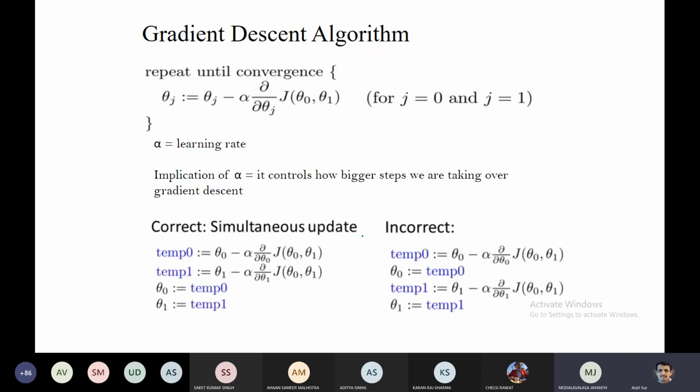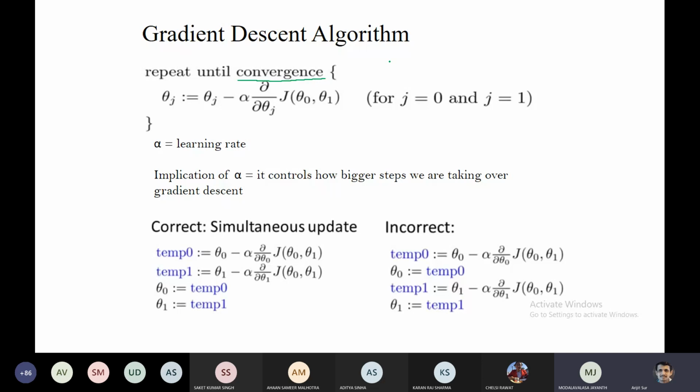So the algorithm is that we do a loop called repeat until convergence. Convergence is basically when there is a prescribed error threshold, and if the error is less than this threshold, we can stop.